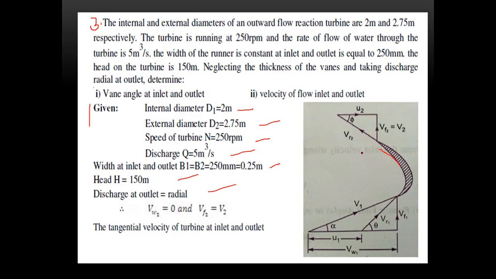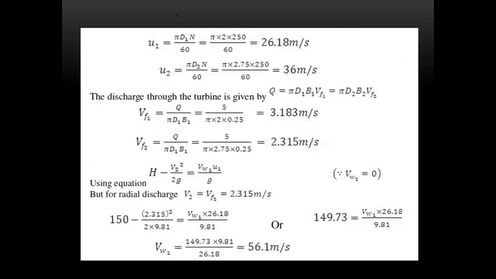Now, based upon that, what is the initial velocity? u1 is equal to pi D N by 60. As usual, u2 is equal to pi D N by 60, and that is 36 meters per second. The discharge to the turbine is given by Q is equal to pi D B Vf, the continuity equation. Therefore, Vf1 is equal to Q by area.